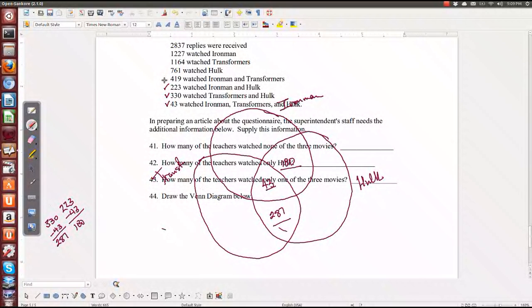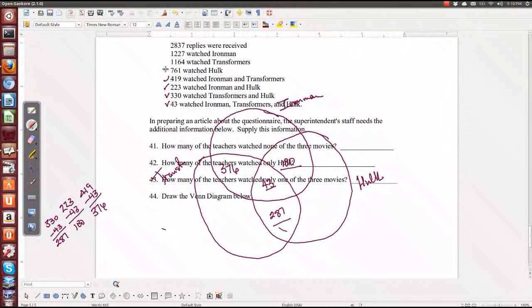I'm going to do the same with this 419, subtracting it. And that's going to leave me with 376. So this allows me to find out these overlapping regions.